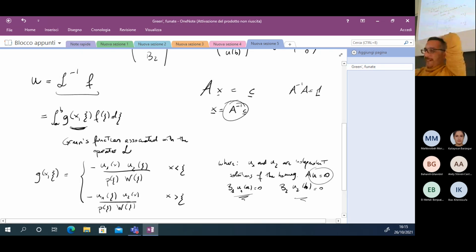So in order to find the two functions, u1 and u2, I have to solve the problem Au equal to 0, B1 u1(a) equal to 0, and this gives me u1. And then I solve Au2 equal to 0, B2 u2(b) equal to 0, and this gives me u2.